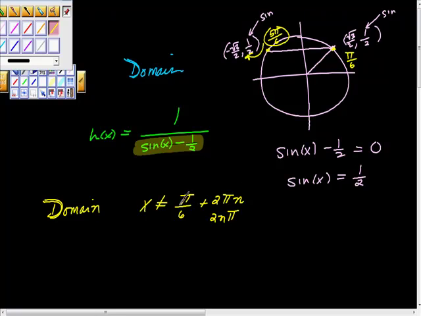But if you're at pi 6 and you go all the way around the circle, 360 degrees, you end up back here again, don't you? These coterminal angles. Or x cannot equal 5 pi 6 plus 2 pi n. So these domain values are arrived at through exclusion, aren't they?